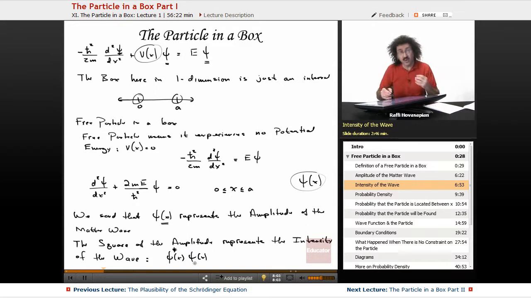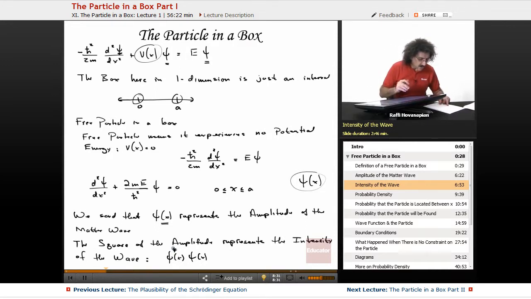So we want a real quantity when we square this, which is why the complex conjugate shows up. If psi happens to be a real function like cosine of x, then it's not a problem. The square is just cosine squared of x, because the conjugate of something real is the thing itself. The conjugate of 5 is 5. We place this conjugate there just in case psi is complex.